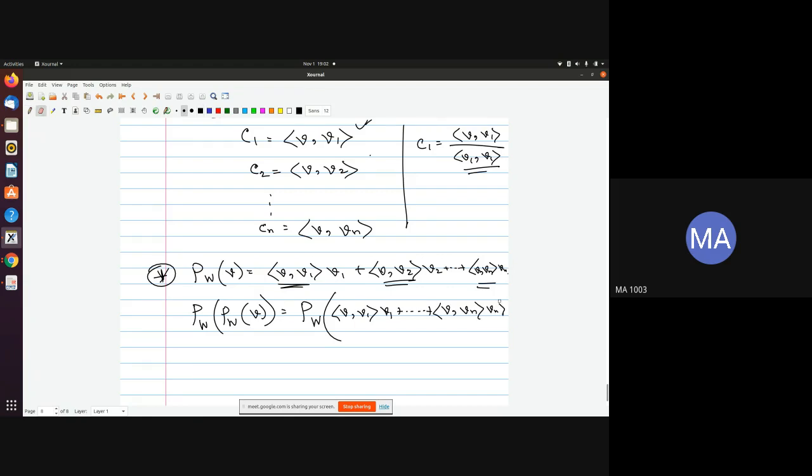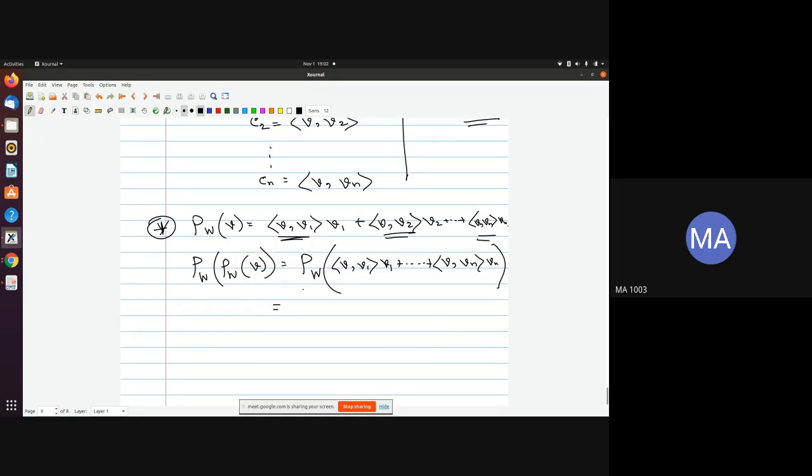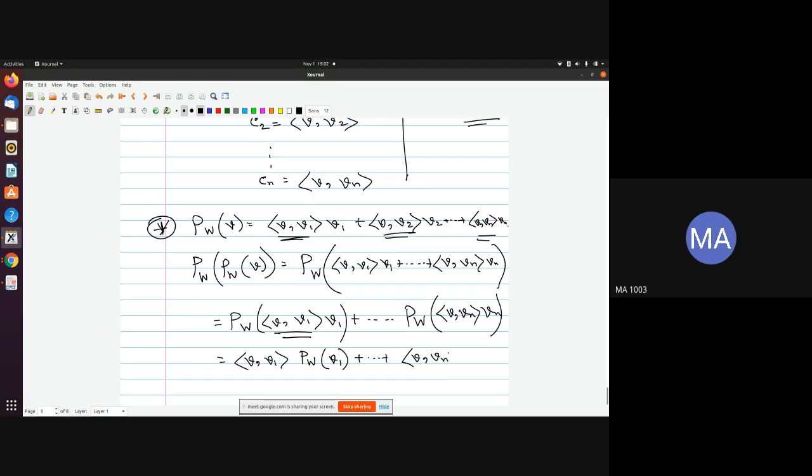Now P is a linear map, so first we can break it down. This is the first linearity property I am using of P. Then this is a scalar, I can take it outside.